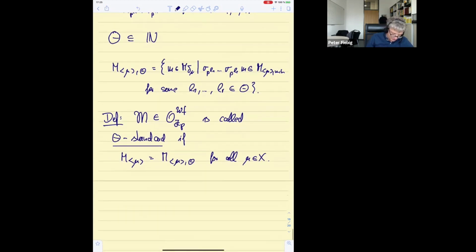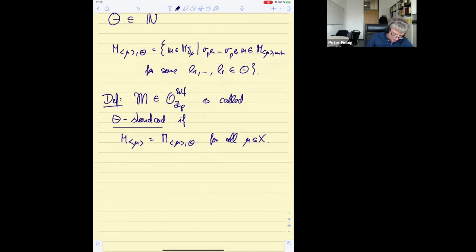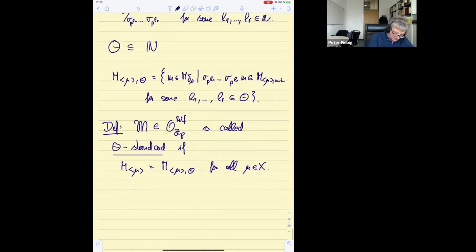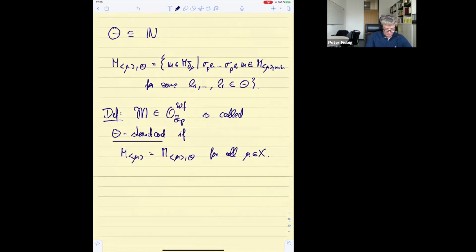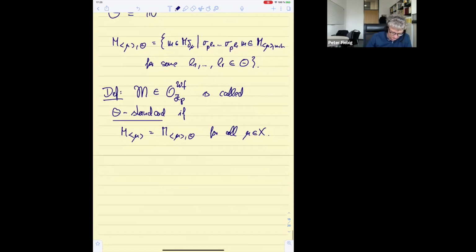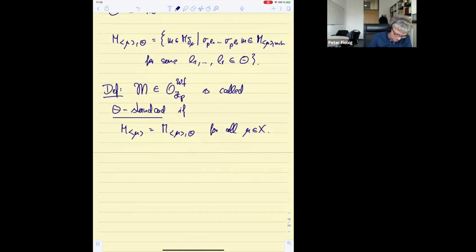So this M mu theta also lies between the minimal and the maximal module, it's a specific module inside there, and we can ask that this space coincides with this M mu theta.